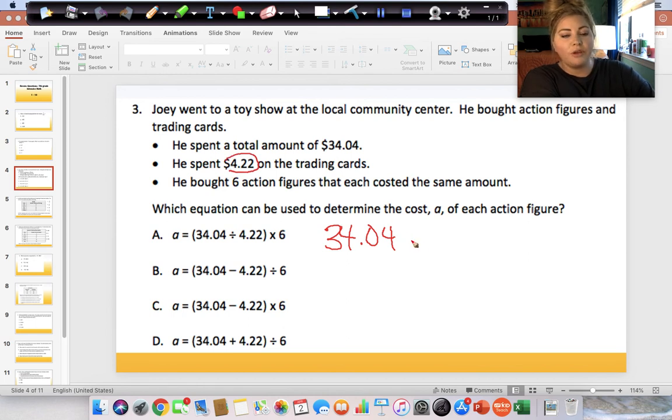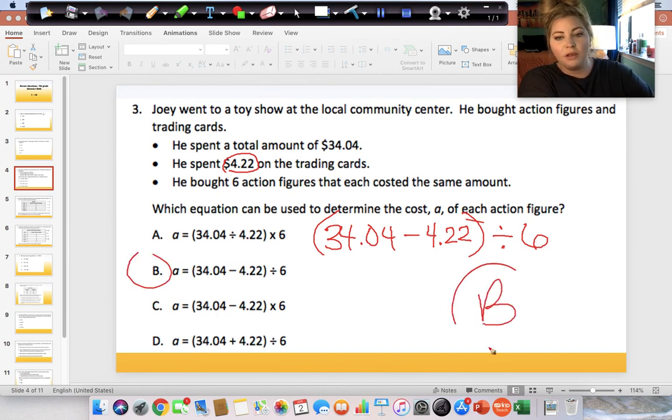So if we are trying to figure out how much the cost was, okay, we have to take away this $4.22 from that. Okay, and then once we have that answer, we would take the rest of the amount and then divide that by the 6 action figures. Okay, and the answer choice that gives us this formula is answer choice B. So our answer choice is B.